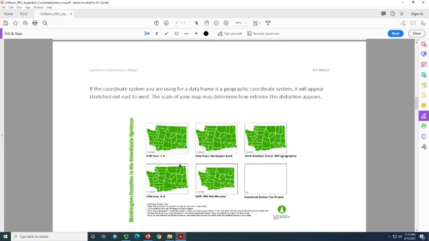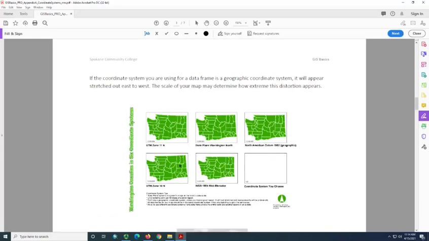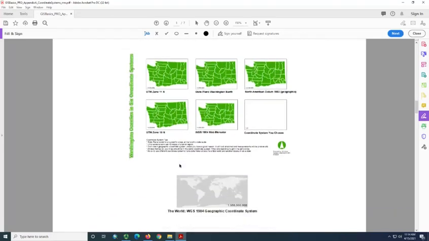Okay, so if the coordinate system that you're using in a given map is a geographic coordinate system, it's going to look stretched out east to west. And it kind of depends what scale your map is, how stretched out it looks. This is a map of Washington State, and it's in a geographic coordinate system, NAD 1983.